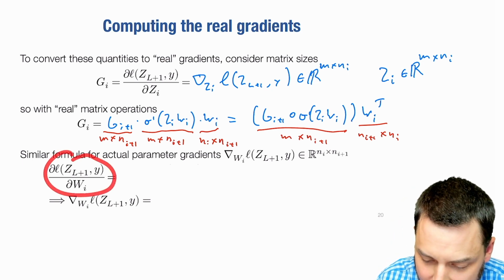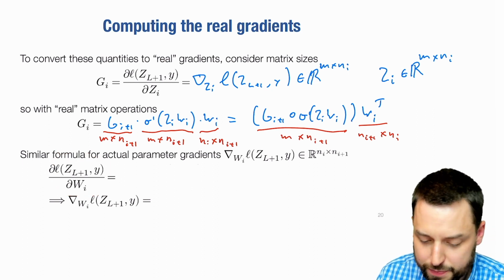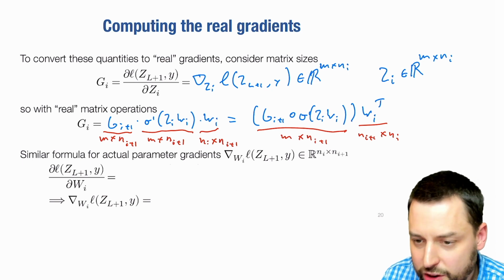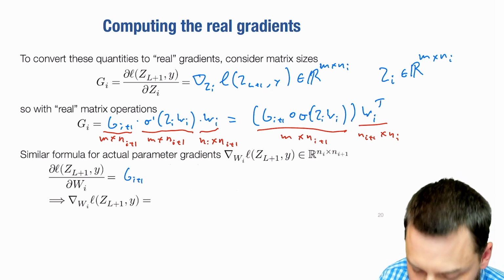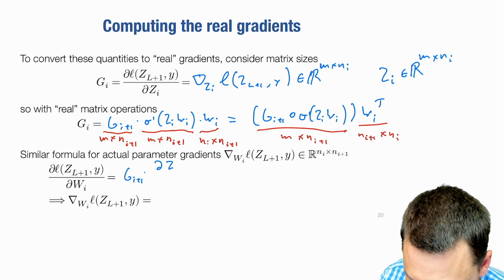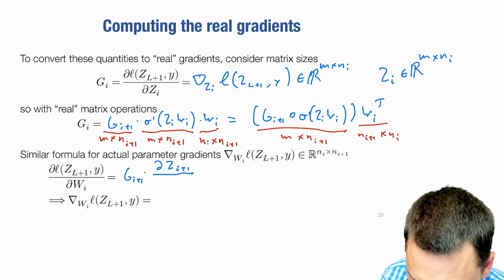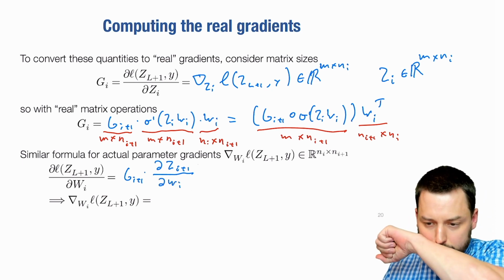Again, just taking the equation from the previous slide, you can go back and check that I'm copying them correctly here. This would be g_{i+1} times partial z_{i+1} over partial W_i.